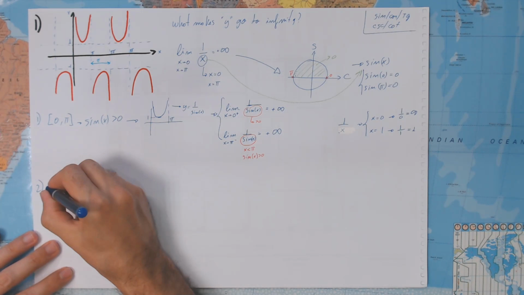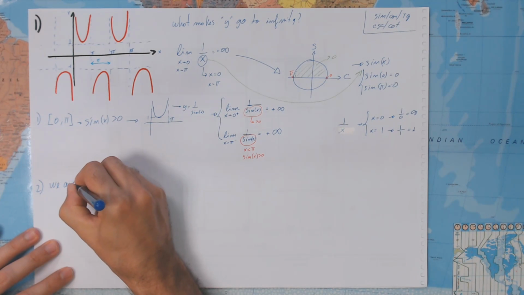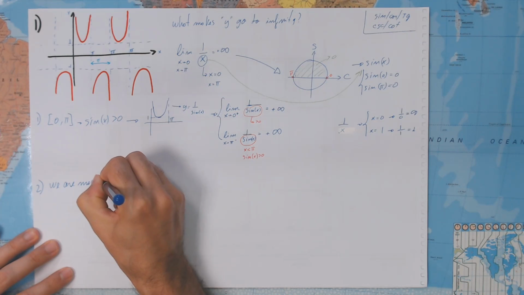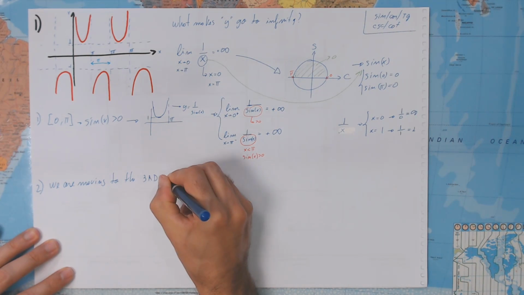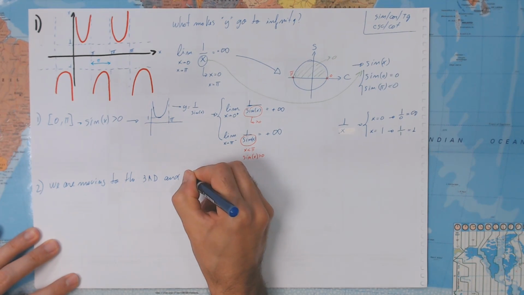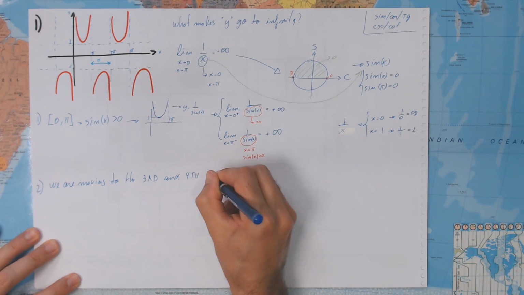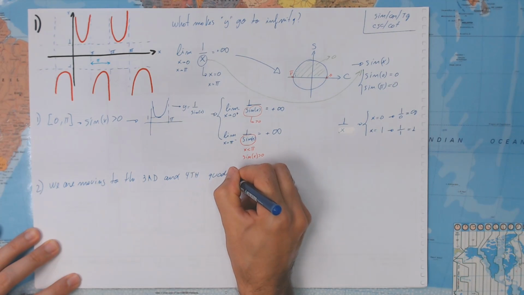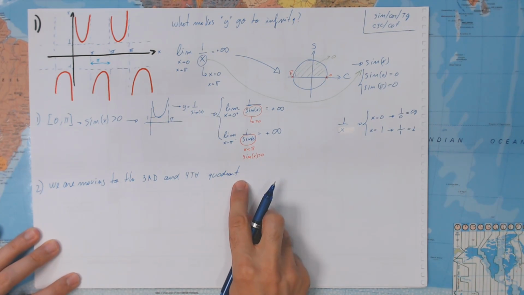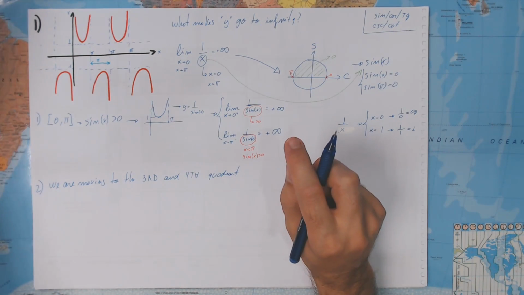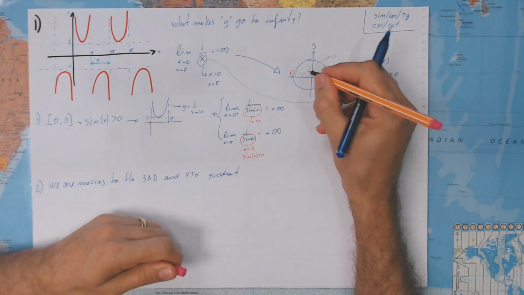Okay, now we are moving to the third and fourth quadrant, because now we're going to get into the negative side of the sine.